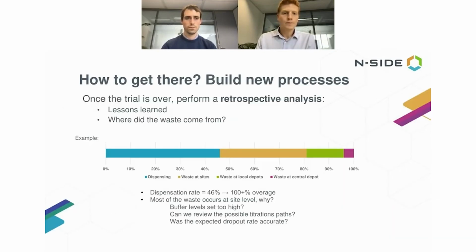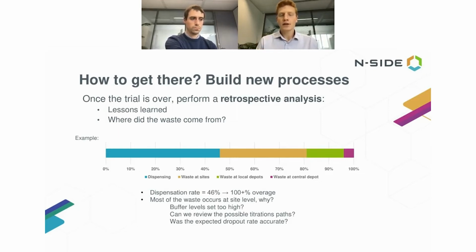And the last point: when we discuss with the industry, we understand that not a lot of companies are performing retrospective analysis. And this can be dangerous, because the retrospective analysis is the best way to follow your waste.